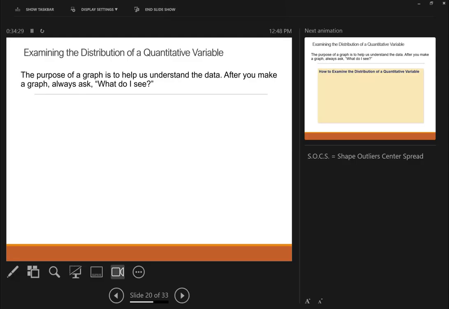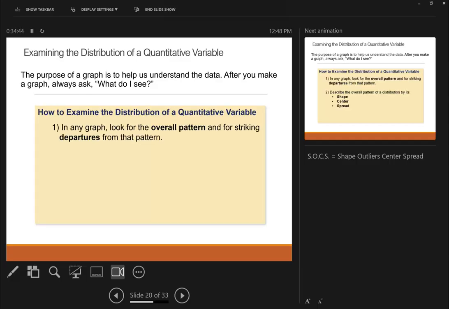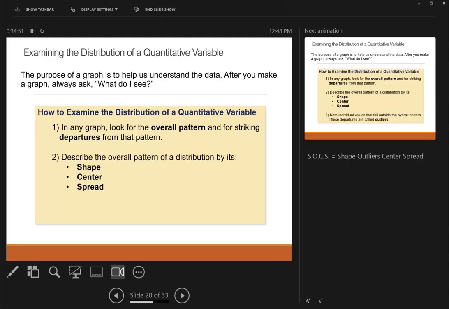So after you've made this graph, we want to be able to look at it and say something about the population that we sampled from in general. So we're going to look for an overall pattern or a departure from that pattern. When I talk about pattern, there are 3 attributes we would talk about: the shape of the graph, the center of the graph, and the spread of the graph.